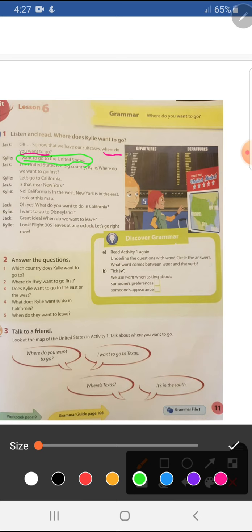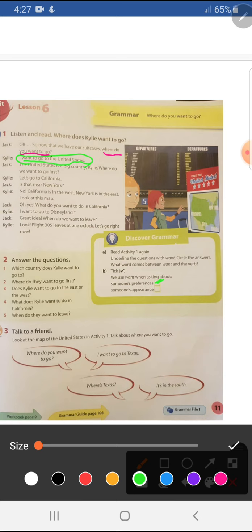I underlined the question with want and I circled the answer. What word comes between want and the verb? Of course, to. Okay. Now let's move to section B. We use want when we ask about someone's preferences.